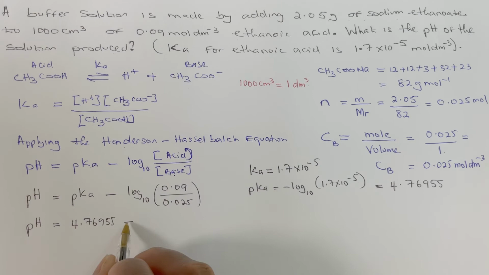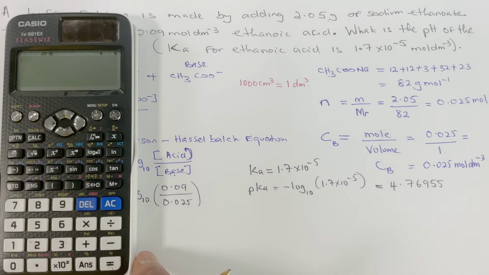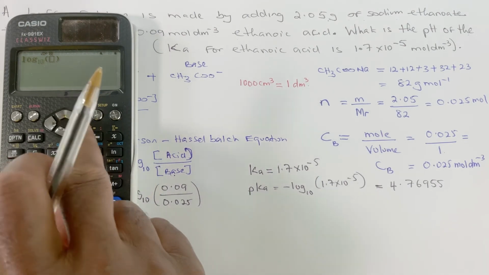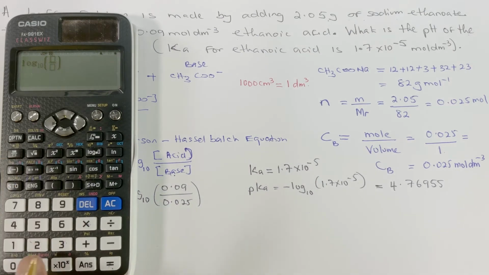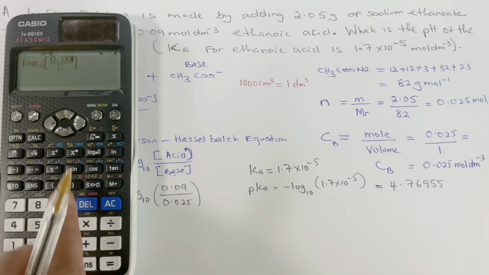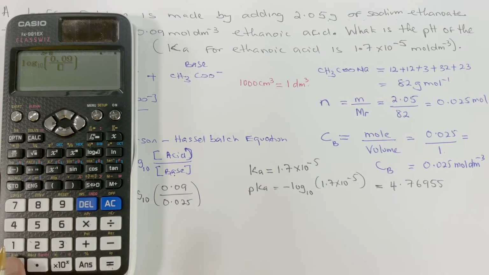So pH will be 4.76955 minus, now I need to put in the ratio of the acid to base. So that would be log base 10, fraction key, 0.09, arrow key down, 0.025, enter.